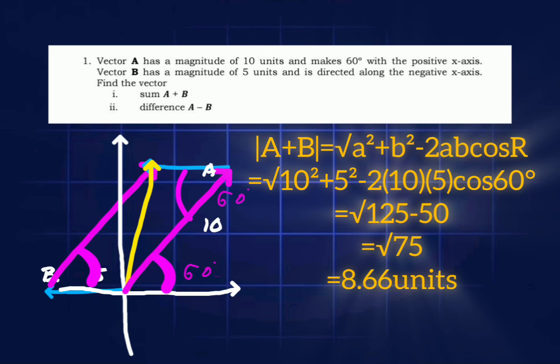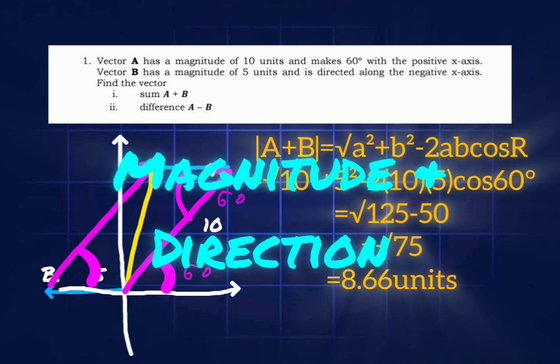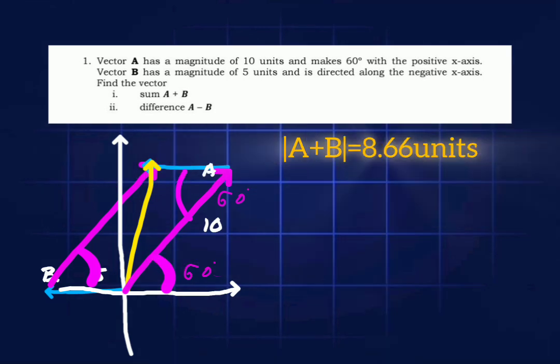But remember, vectors have both magnitude and direction. Since we were asked to find the sum of A and B, we also need to find the direction. We're going to give the direction with respect to the positive x-axis. So what's the angle from the x-axis to the resultant vector?